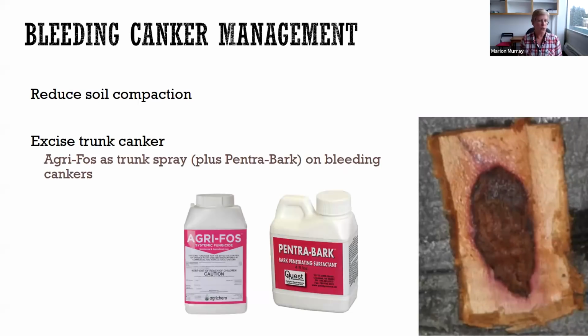There was also some work on using a fungicide called Agrifos, a phosphorus acid fungicide that has efficacy against Phytophthora. It actually works by helping to induce some resistance within the plant. They excised the canker, sprayed it with Agrifos plus Pentrabark, a surfactant, and found that it really helped prevent further spread.